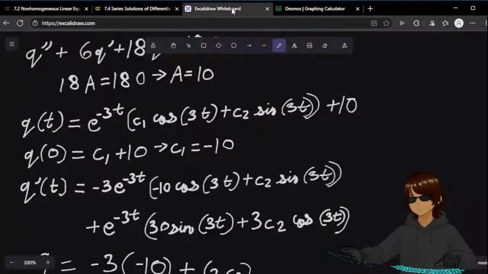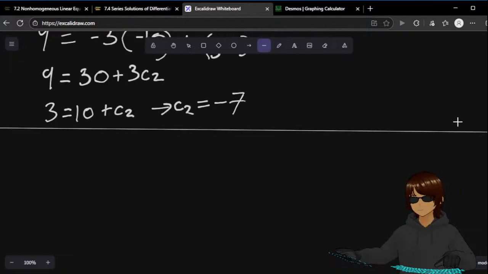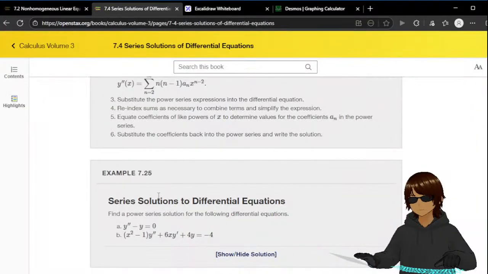Hold on. Example 7.25. Wouldn't most of the terms cancel out?